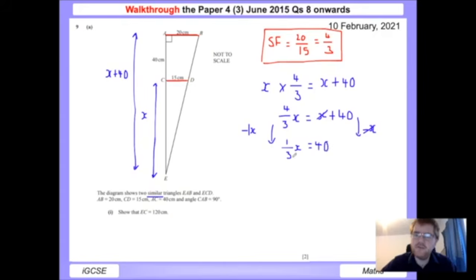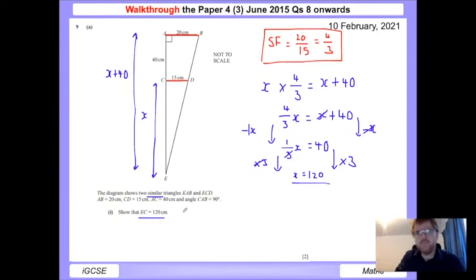And what's the opposite of dividing by 3? Well, we multiply by 3. You can see the answer at this point. This cancels here, and we're left with x equals 120, which is good because that's what the question says it should be. I've noticed many teachers don't teach it that way, but I think it's probably a more intuitive way than doing ratios of sides. I don't know.